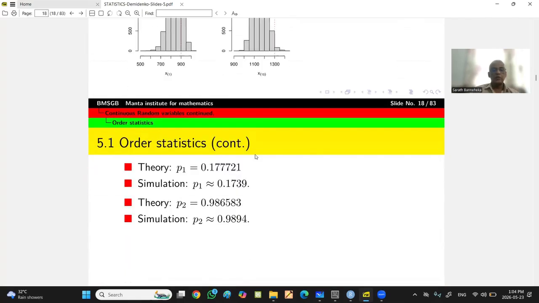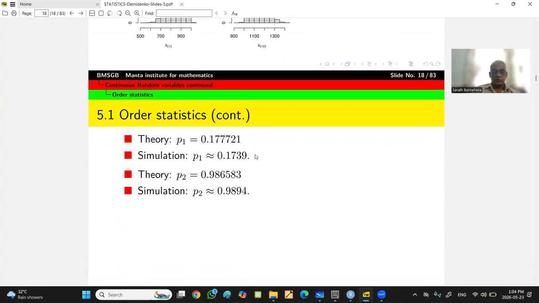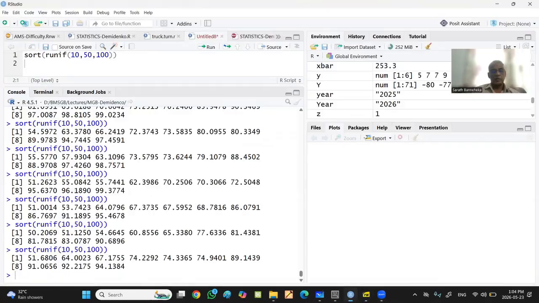But using theory, how do we do that? Using theory, what we do is this. Okay, let's do the first one. First I'll find the probability that any bulb will have lifetime greater than 900. So that will be equal to 1 minus P norm of 900, with mean 1000 and standard deviation 100.